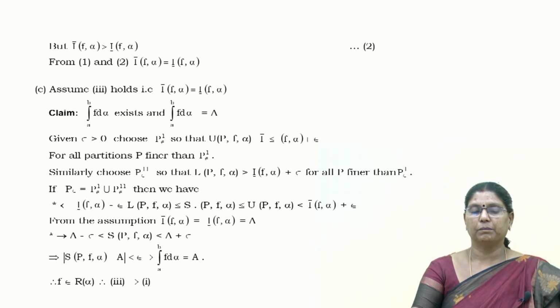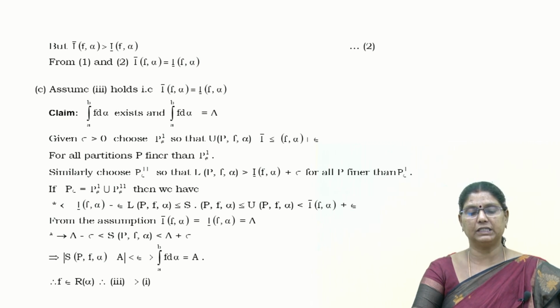For that, by definition, given epsilon greater than 0, choose P epsilon dash such that U p f alpha is less than I upper bar of f comma alpha plus epsilon for all the partitions P finer than P epsilon dash. Similarly we consider P epsilon double dash, so that L p f alpha is greater than I lower bar of f comma alpha minus epsilon for all the partitions P finer than P epsilon double dash.